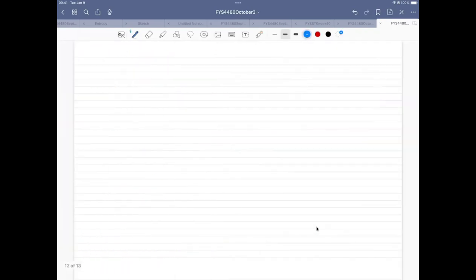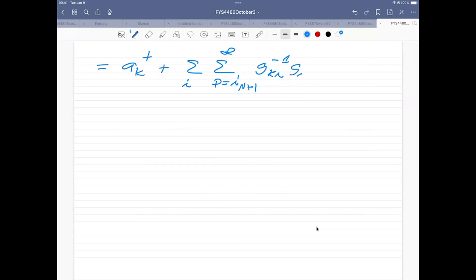This is something which we can write out as a_K dagger plus a sum over I, and there is a summation over P, where we now simply have split this one into P from n plus 1, so this is above the Fermi level, to infinity, and then I have a G_KI inverse here, G_IP, and this is multiplied with a_P dagger.